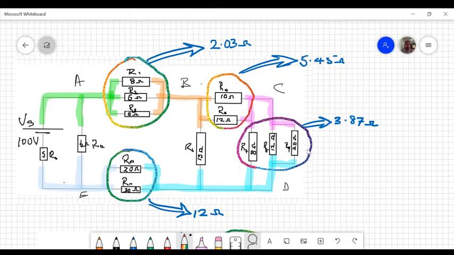And you can see immediately that there are things you can do right away. This first group can be combined in parallel to give you 2.03. The second group can be combined to give me 5.45. The third group can be combined to give me 3.87. The fourth group can be combined to give 12. How do I know which to combine with which?